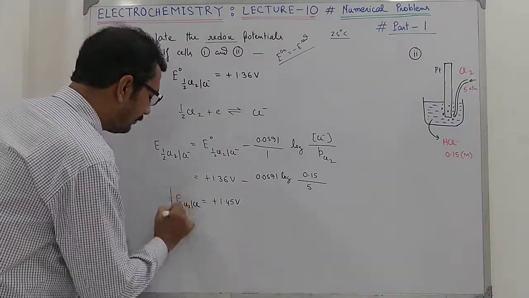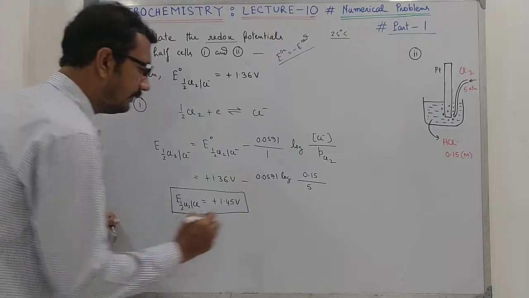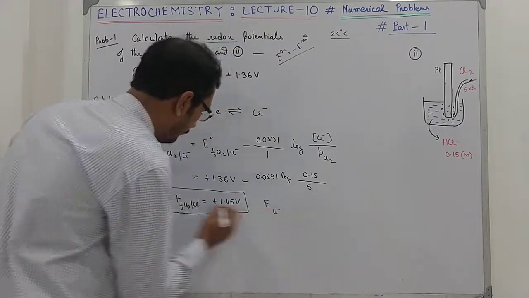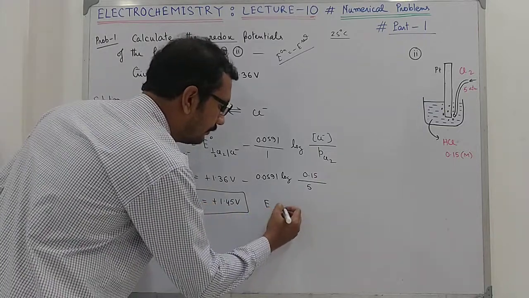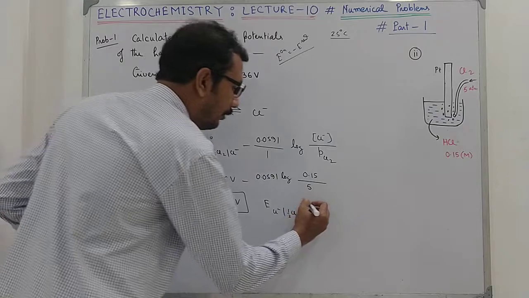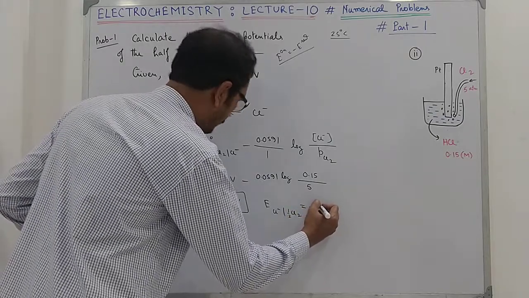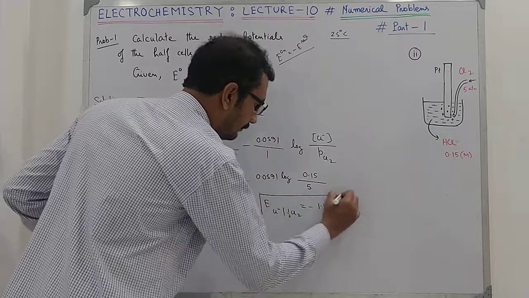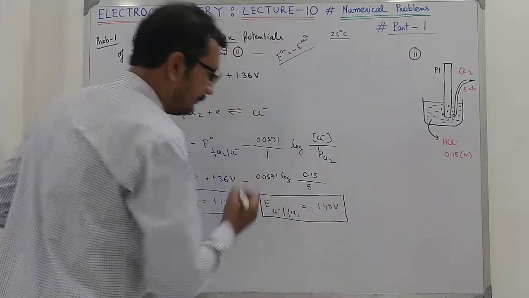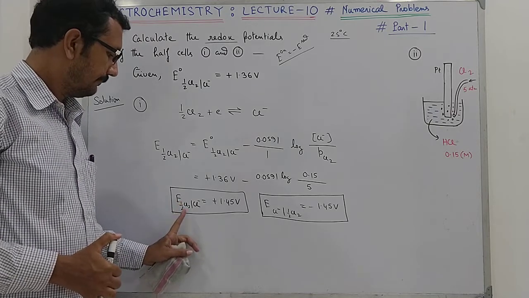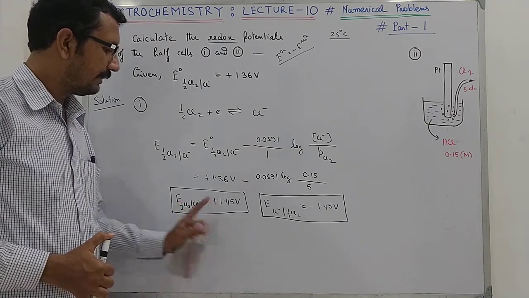Now if this is the reduction potential of the cell, then what will be the oxidation potential? This is Cl minus. It will be of same magnitude but with a different sign. So you see, this is the reduction potential and it is positive.